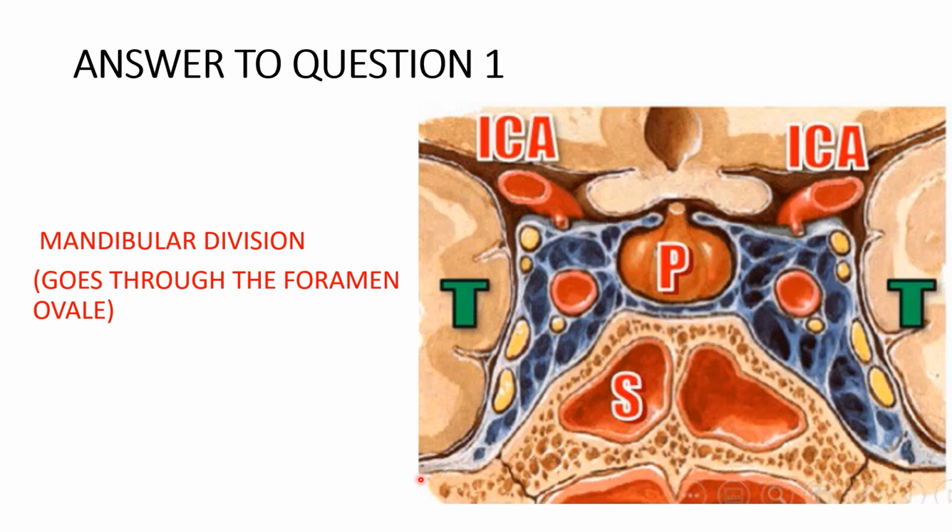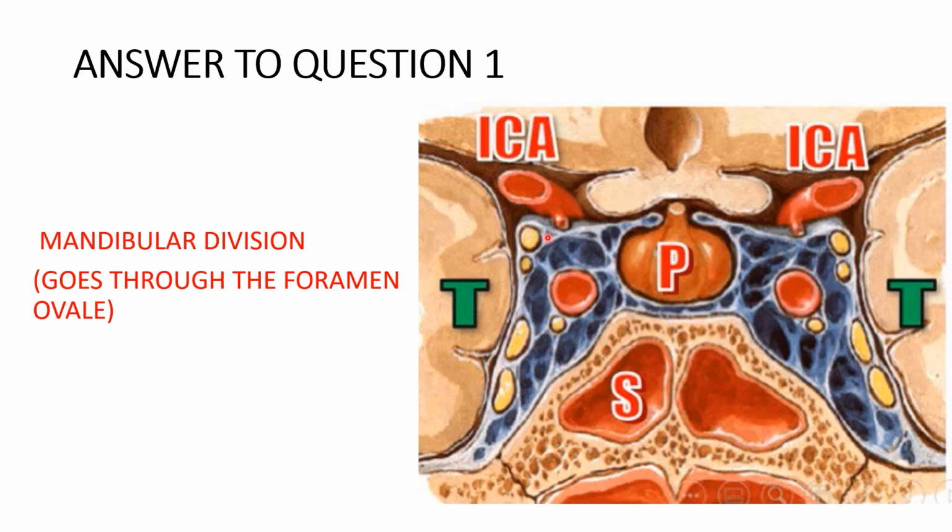Where my cursor is going upwards is the endosteal layer, and this is the meningeal layer. So this space is the cavernous sinus.